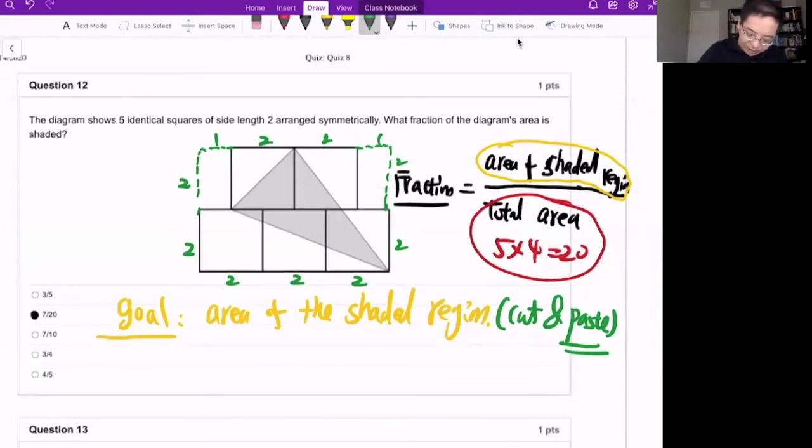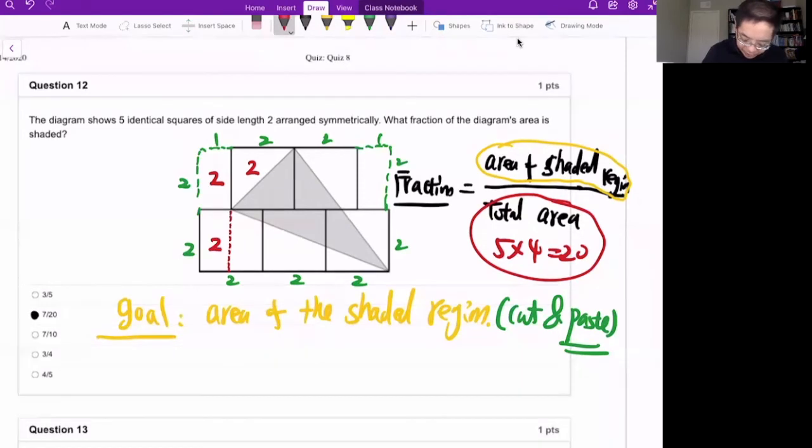So now let's calculate the areas. The area of this one is 2, and the area of this one is also 2. This is a right triangle with legs 2 and 2. Let's calculate this part. I can divide it into 2 parts, and this is 2.